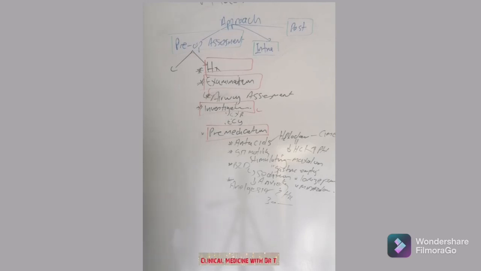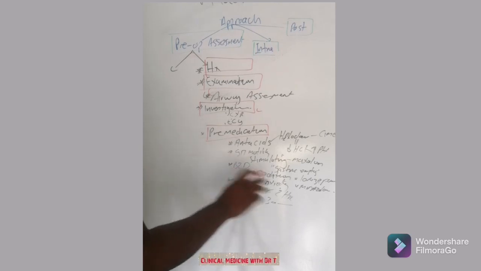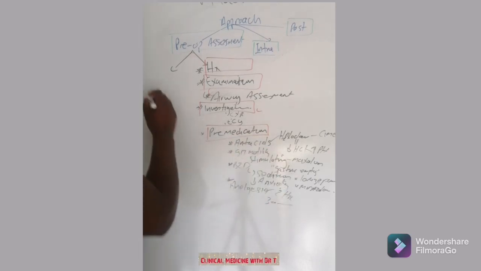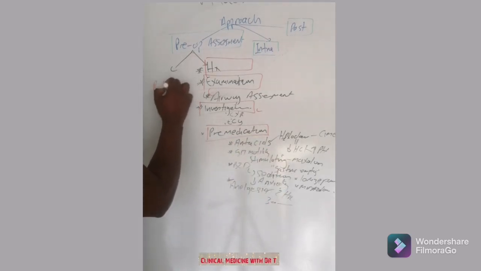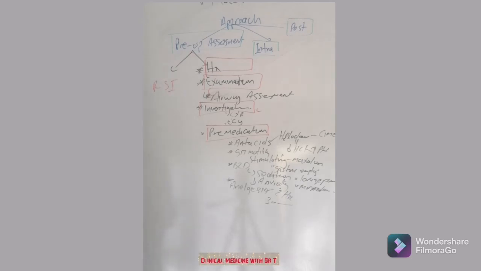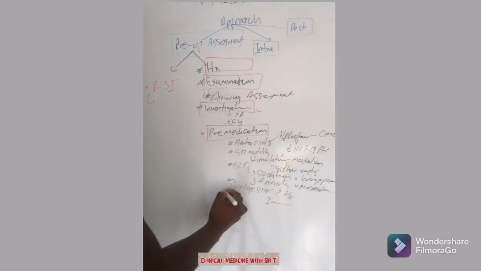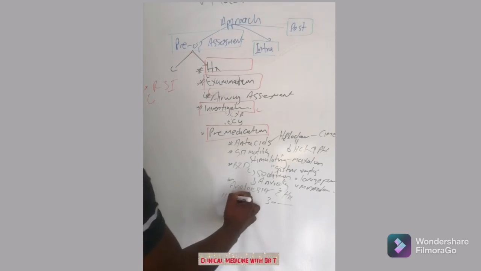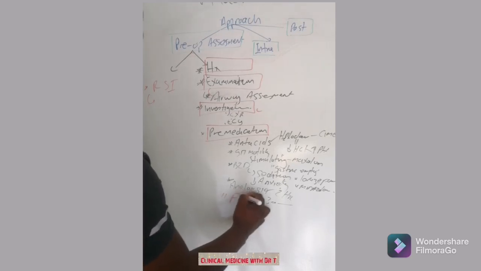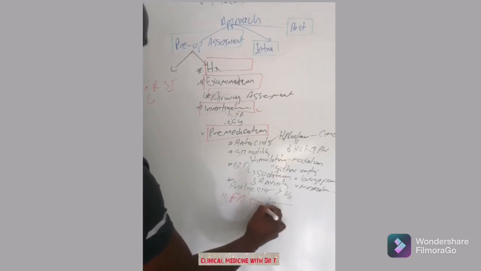But even if you can pre-medicate them and give them all these other things, you are still going to do a rapid sequence induction. This is the major difference between these two. And remember, the elective patient is going to be a fasted patient.